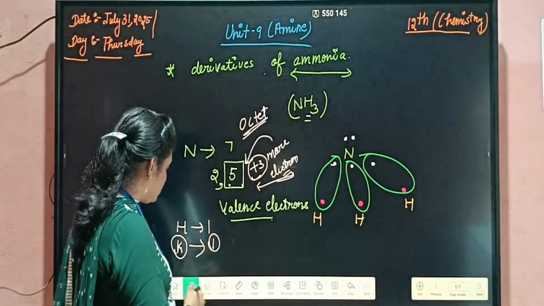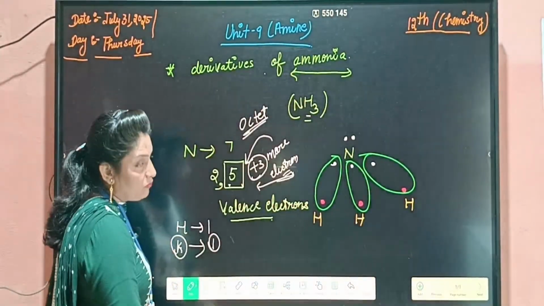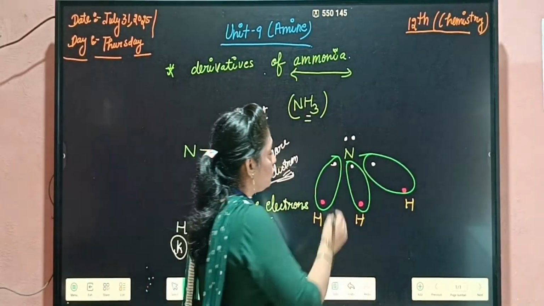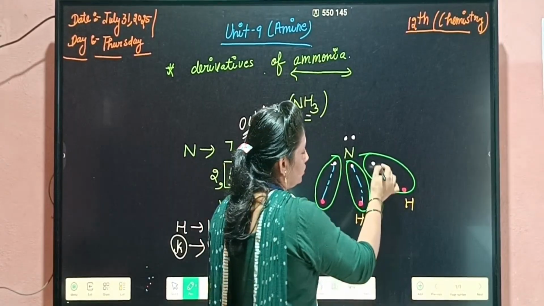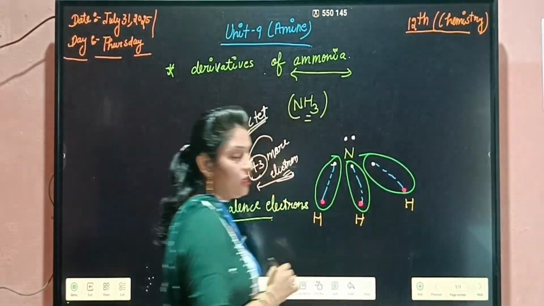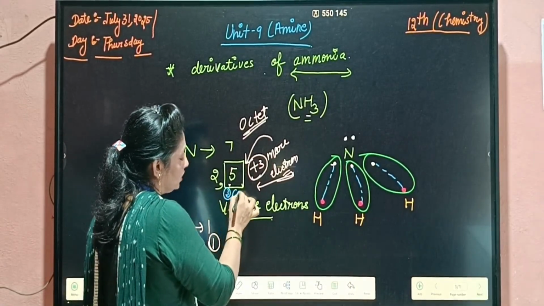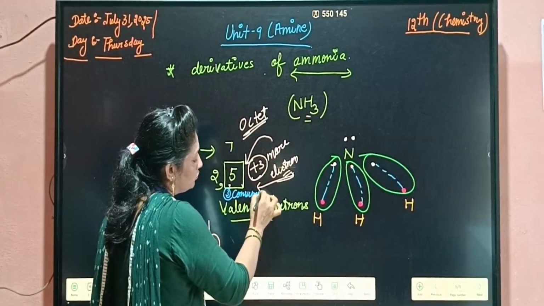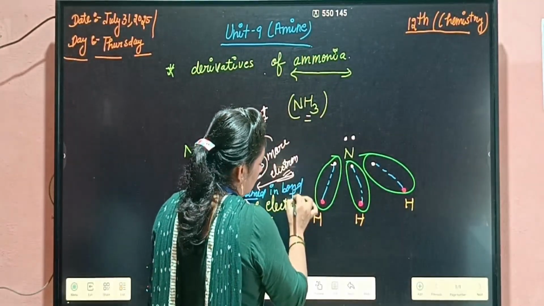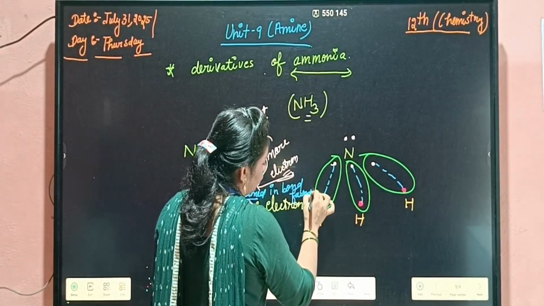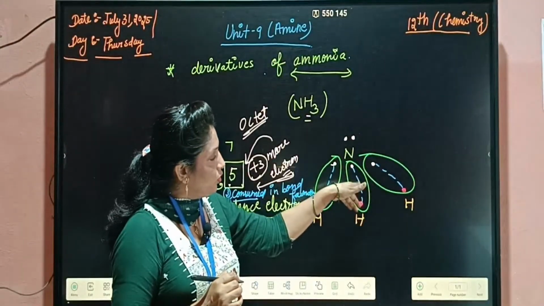They will form 3 bonds by mutual sharing of electrons. The bond formed by mutual sharing of electrons is known as a covalent bond. So here 3 electrons are consumed in bond formation. I hope you are getting my point.